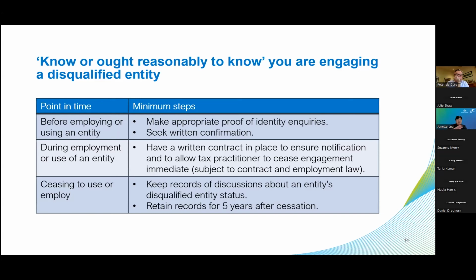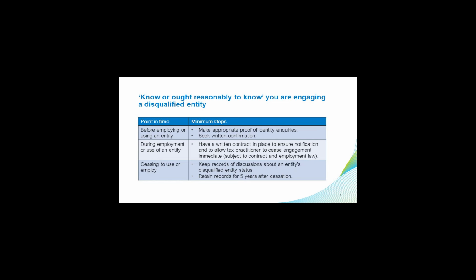Now, if we take that a little bit further in this point in time spectrum to a point where you've already employed someone and you're currently using them, what we're suggesting in our draft guidance is that you need to have a written contract in place to ensure two things. The first is that the entity that you're using or employing has a positive obligation to let you know if one of those disqualified entity events occur.